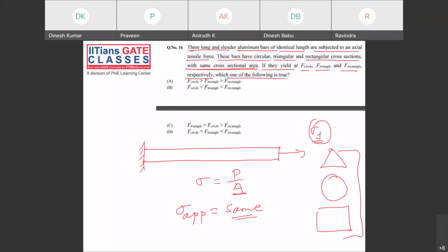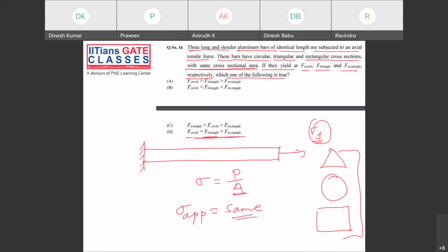If your F circle is equal to F triangle is equal to F rectangle, so they yield. Which one of the following is true if they yield at this F circle, F triangle and F rectangle?